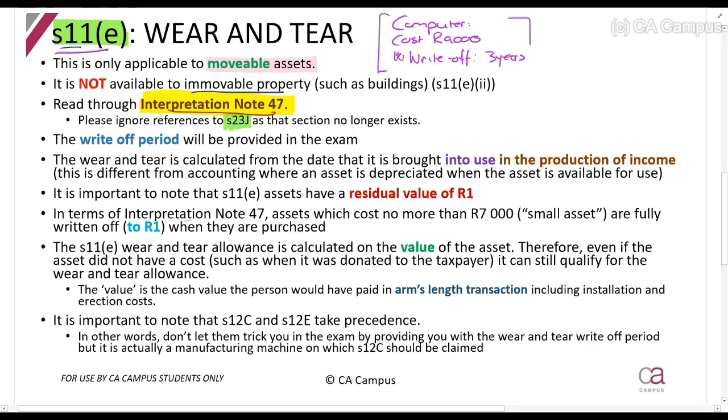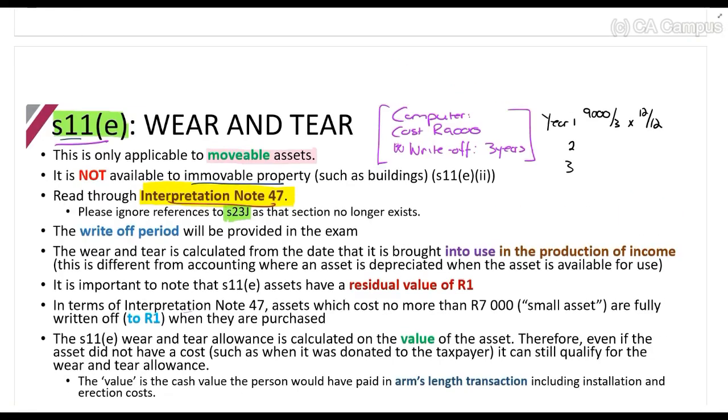Now, this write-off over 3 years, in simple terms, what will happen is the following. I'm going to show you. Year 1, you will do the following calculation: 9,000 divided by 3 times 12 over 12. So there's a couple of things there which I want you to see. You apportion it. You must apportion.